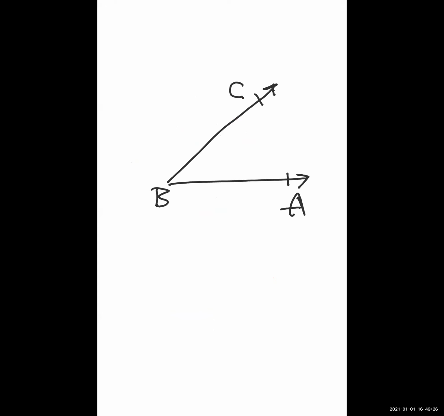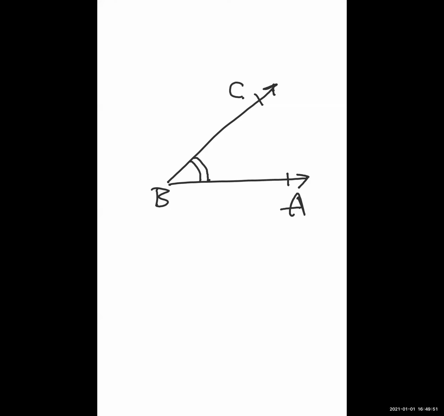Actually, the measurement of the angle is the number which expresses the amount of divergence between its two sides. So the amount of divergence, I mean the distance between the two rays, is the measurement of this angle.